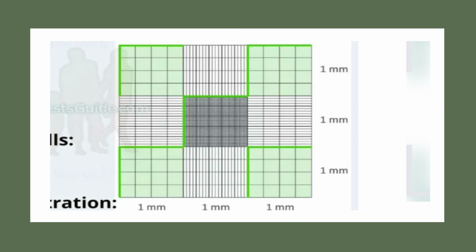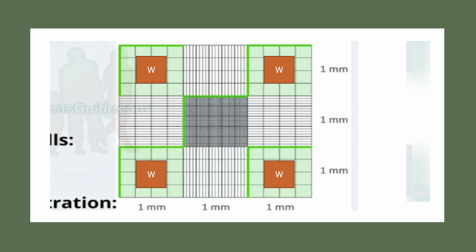Among these boxes, the 4 corner boxes are used for the calculation of WBC, whereas the central 1 millimeter square area is used for the counting of RBC.